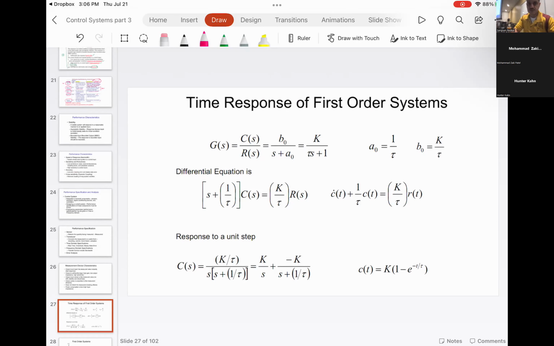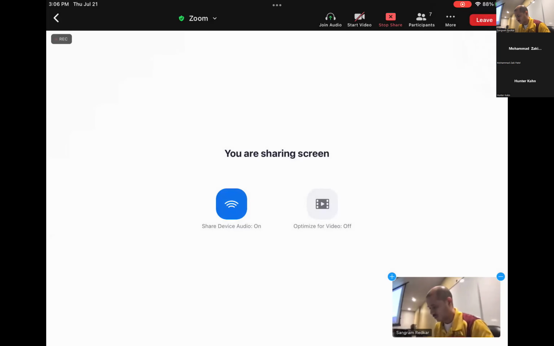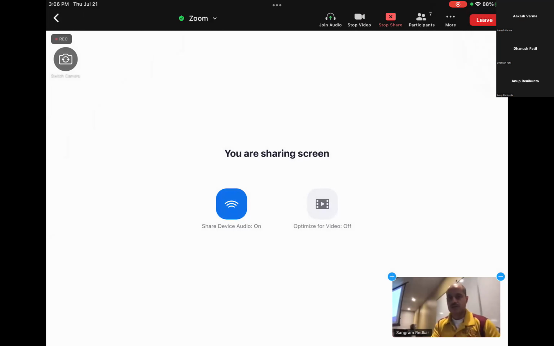I don't know if you can see this. Let me see if I can do it with this Zoom. It's the first time I'm doing this, so bear with me. As I said, it's always challenging.